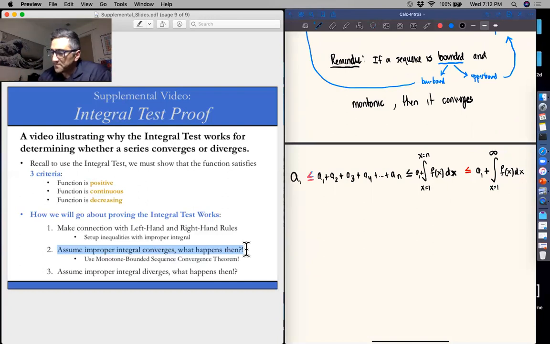So at this junction, if you remember, this idea of a1 through an is what we call the nth partial sum.